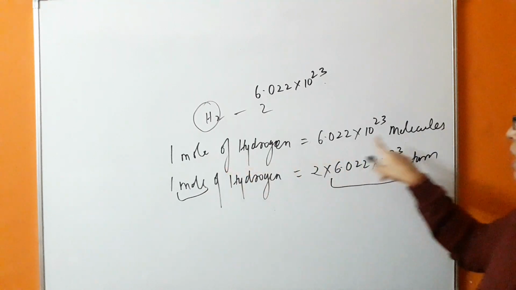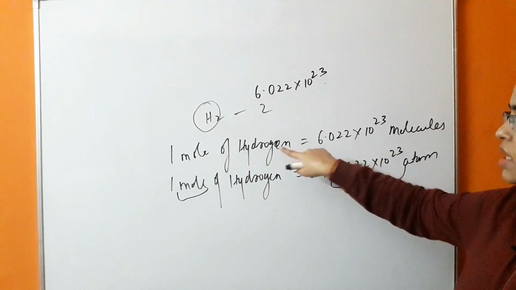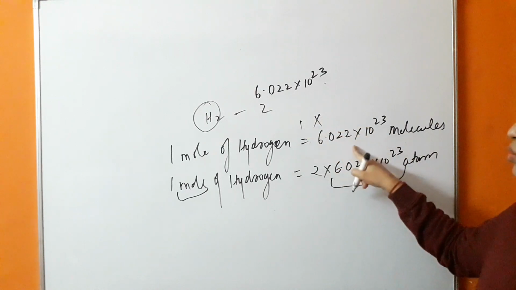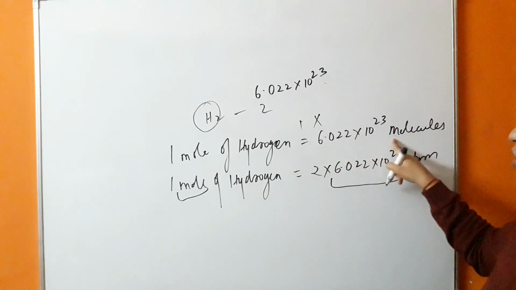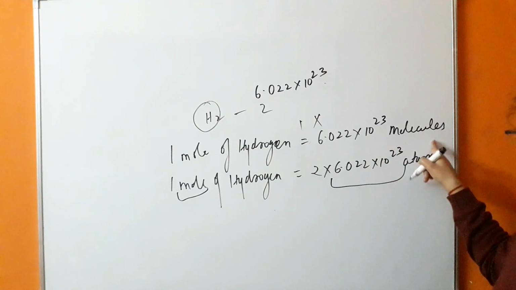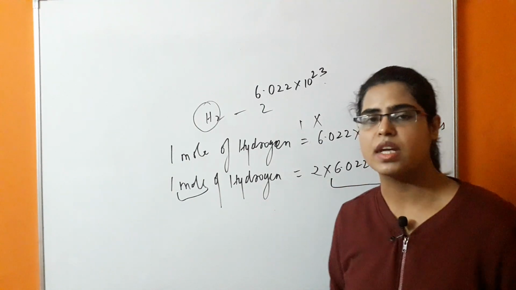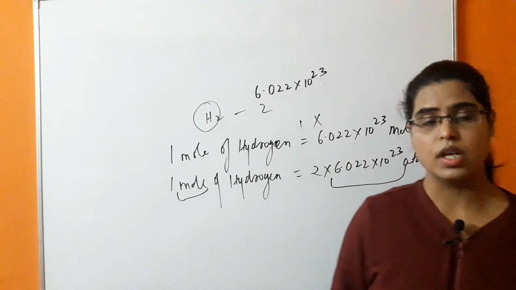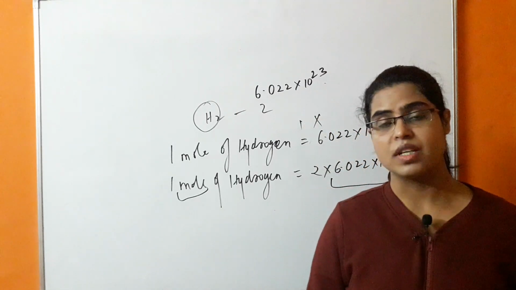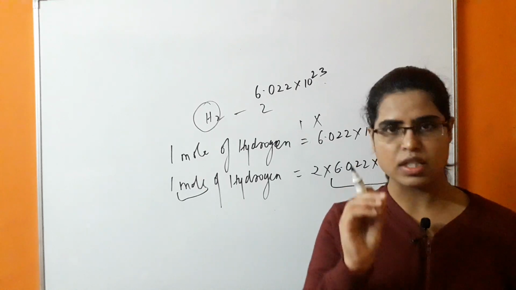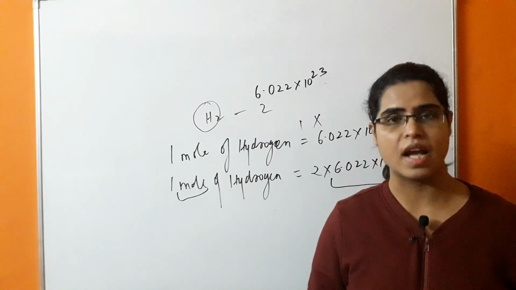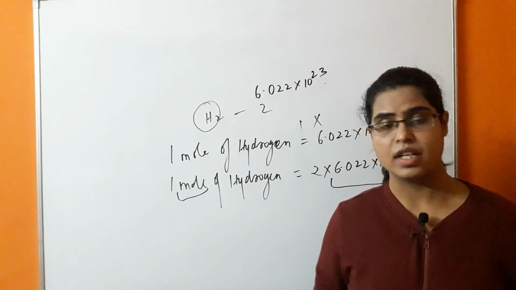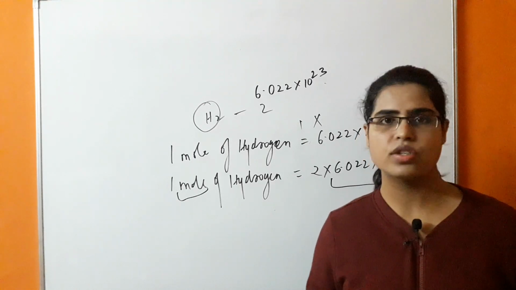If we are calculating molecules, there is only 1 molecule, so it will be 1 into 6.022 into 10 to the power 23 molecules. This is the way we can find the number of atoms, molecules, ions, electrons. This mole concept is generally useful for small particles like molecules, atoms, compounds, electrons, protons. It is not used for large quantities.